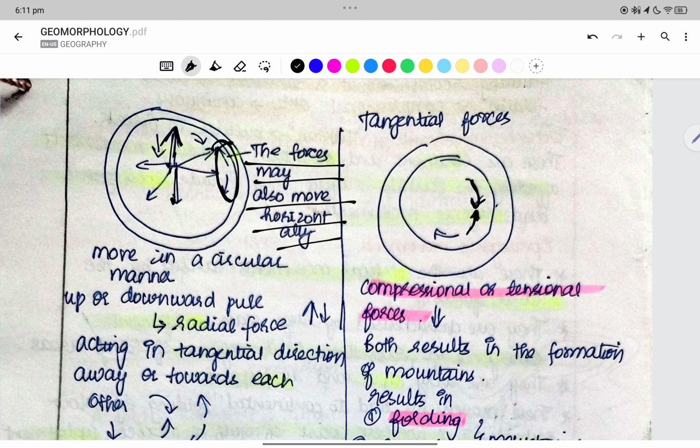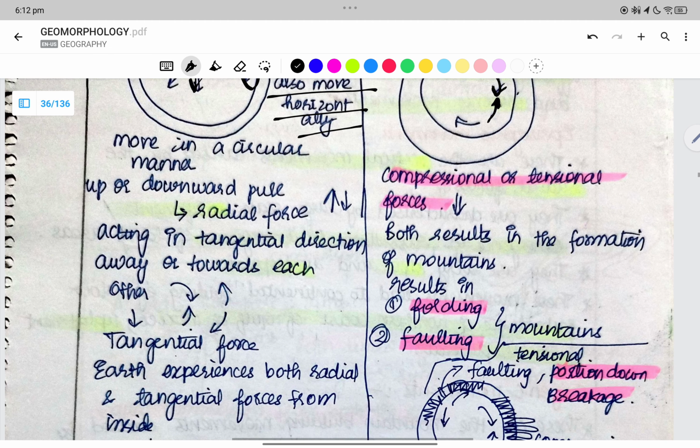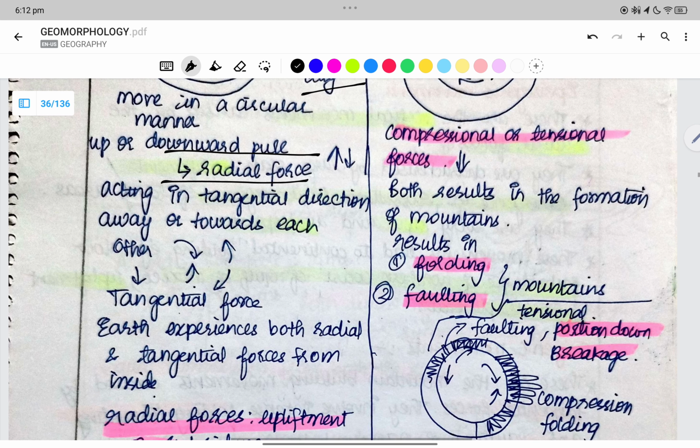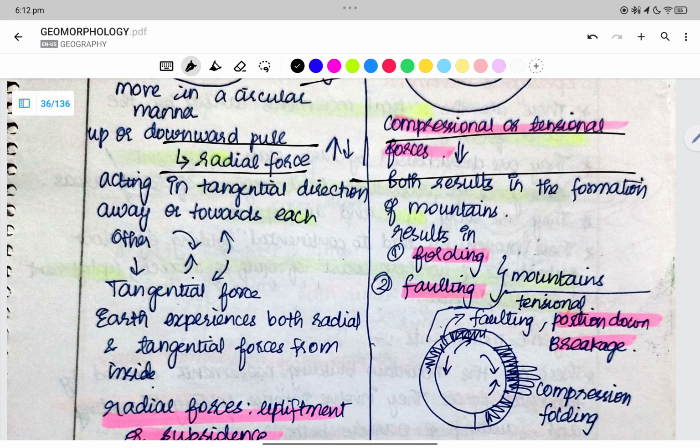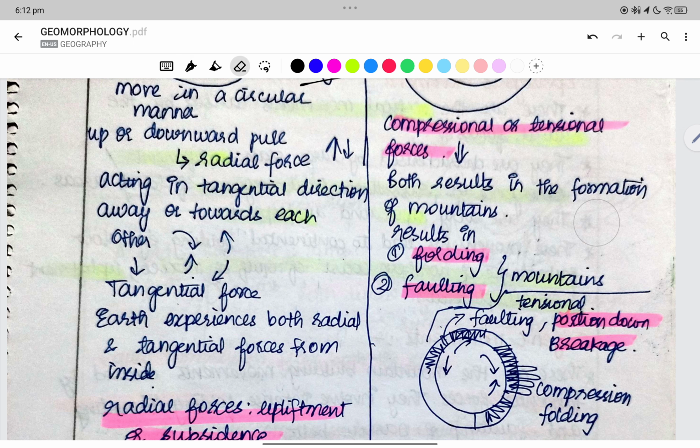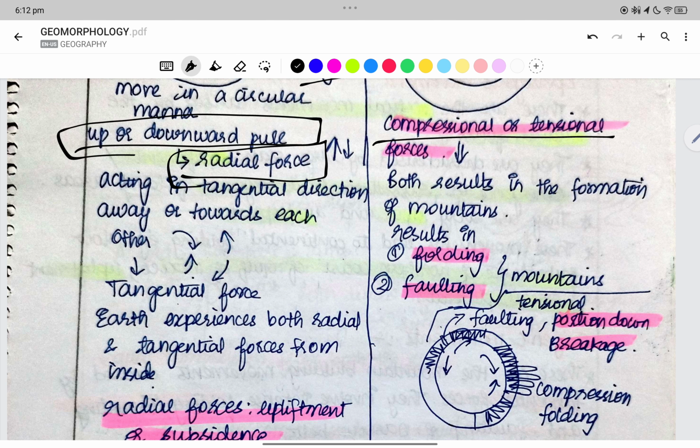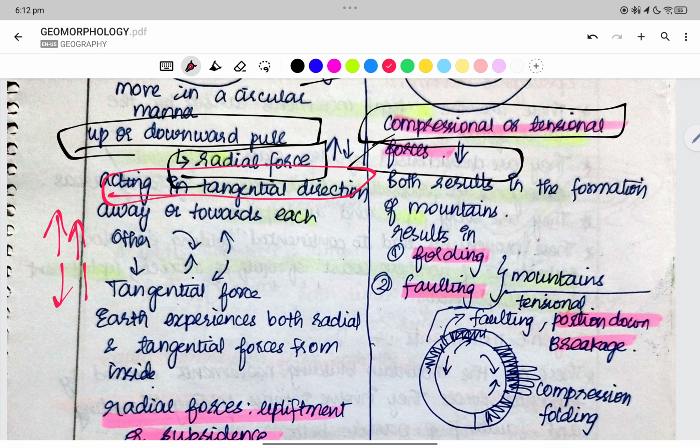Up or downward pull is the radial force, and compressional or tensional forces, compress or split, act in the tangential direction, away or towards each other.